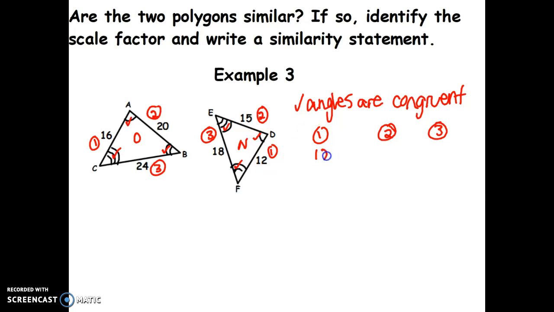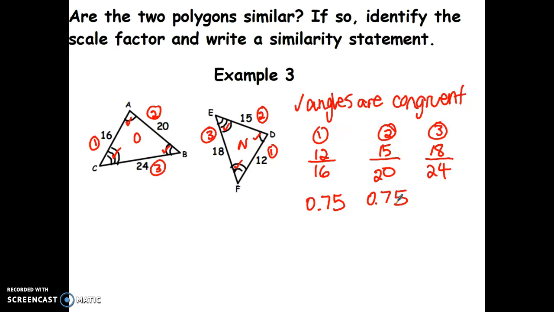So the 1s would be 12 over 16. 2s would be 15 over 20. And the 3s would be 18 over 24. Now that we've done that, we just divide. 12 divided by 16 is 0.75. 15 divided by 20 is 0.75.